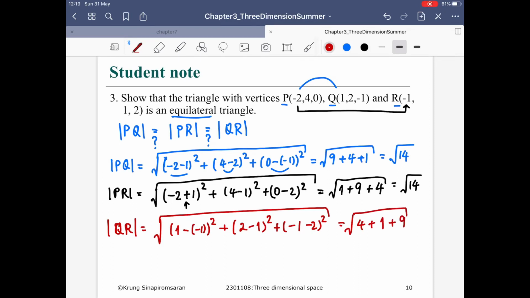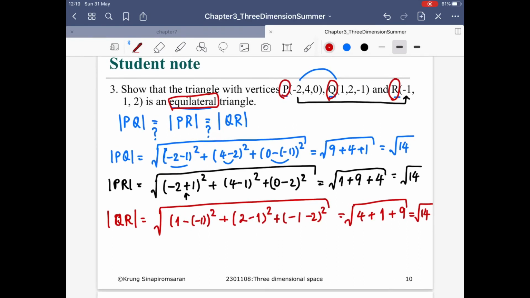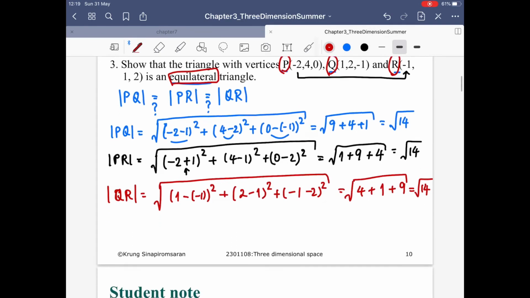So it is the square root of 14. Because they are all equal, the triangle consisting of these 3 vertices is an equilateral triangle, because the length of each side is the same, the square root of 14.